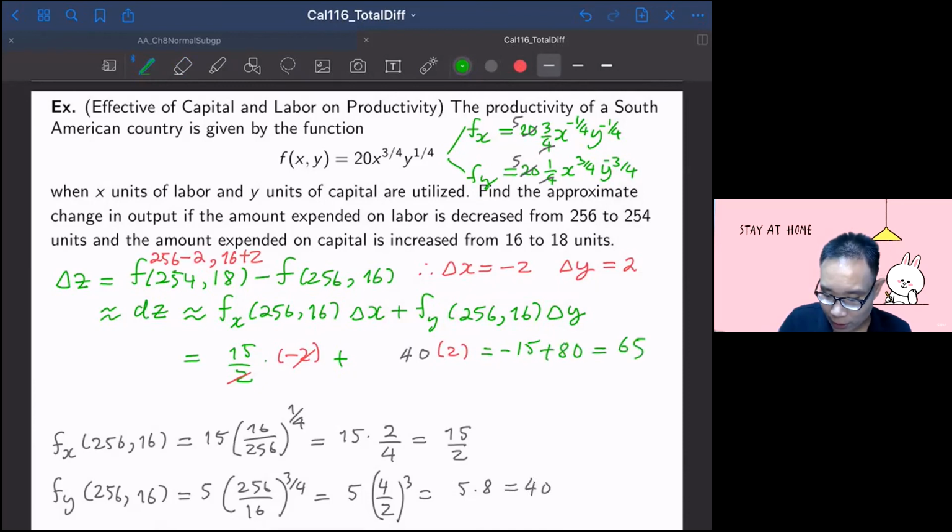So you see that we're able to approximate this one, and the difference in the production turned out to be 65 units. Okay, and this will be the end of the total differential.